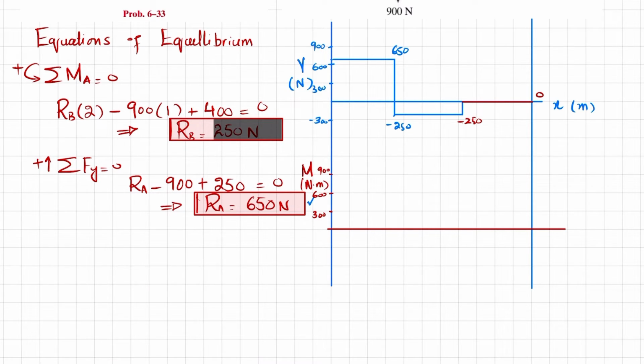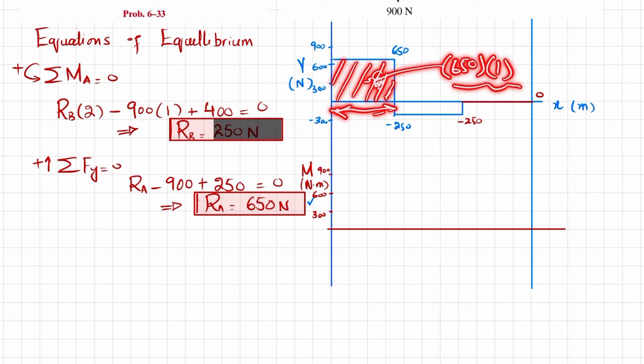Now the first moment is the area under the shear force curve. This area will be equal to 650 multiplied by this length, which is 1 meter. Clear? So it will be 650.